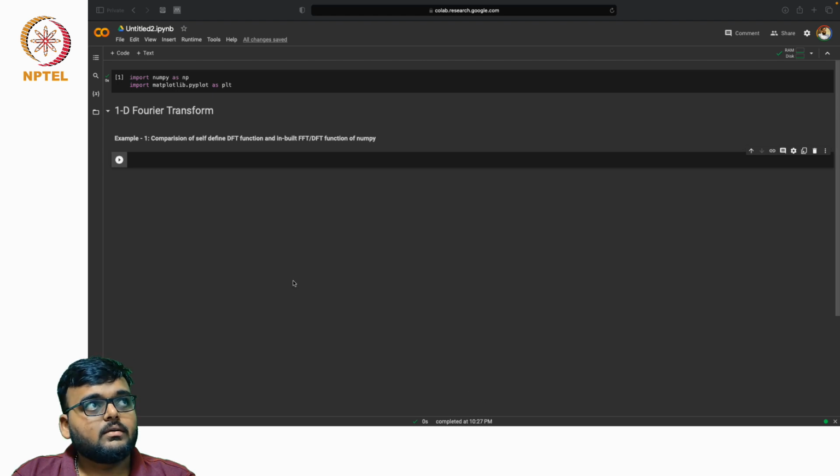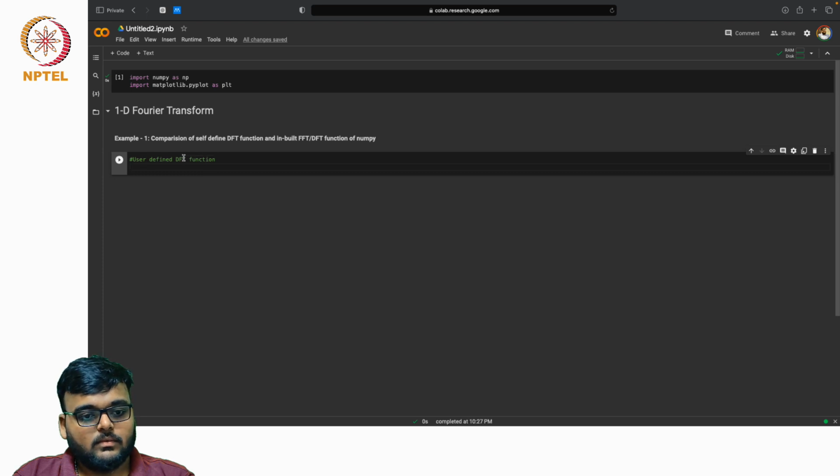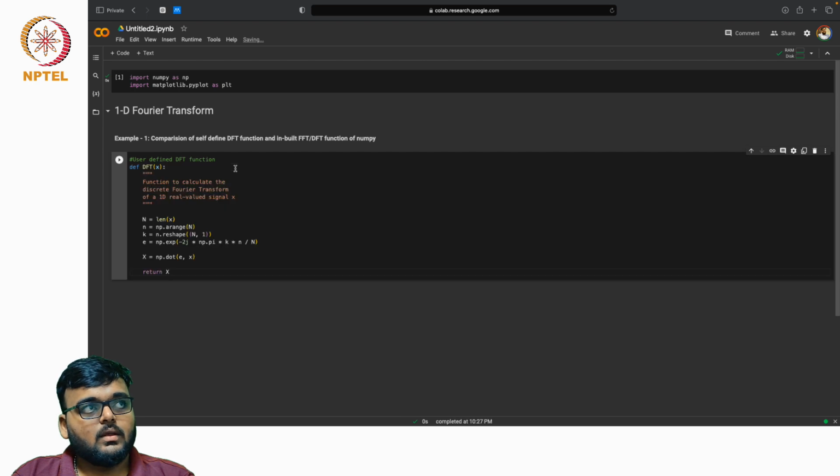Okay, here we will define a DFT function. Now here, if you see, the 1D DFT function takes n, whatever the signal length we give.